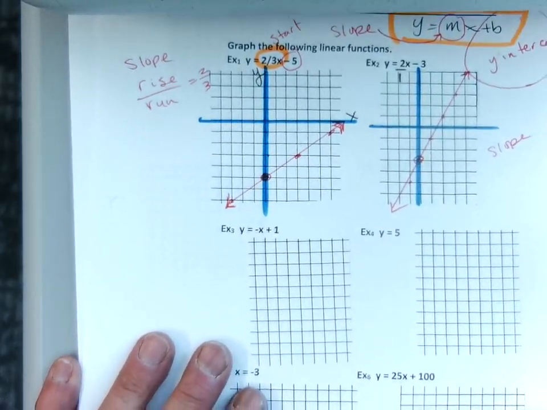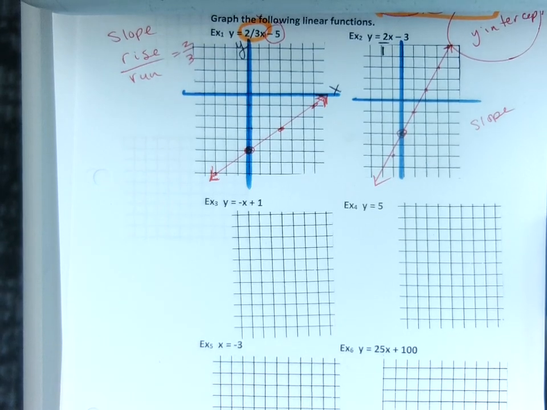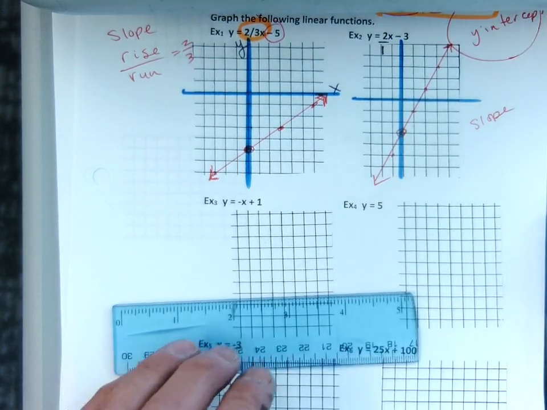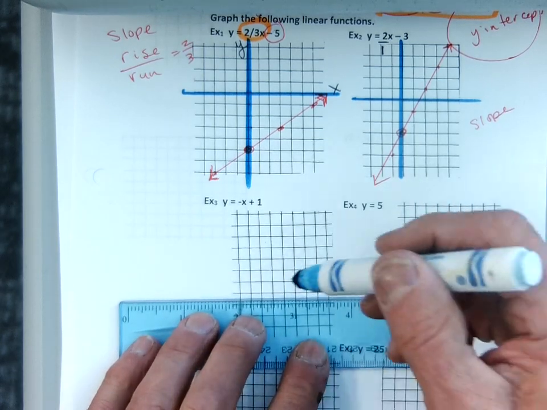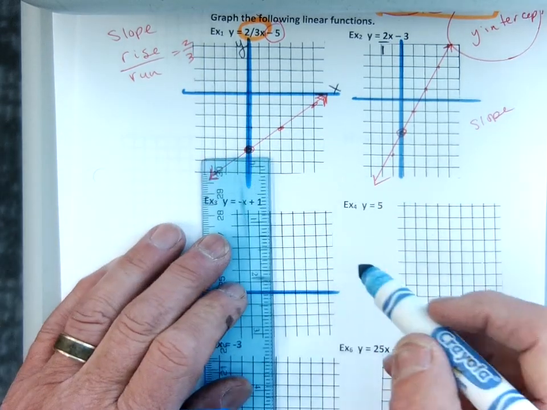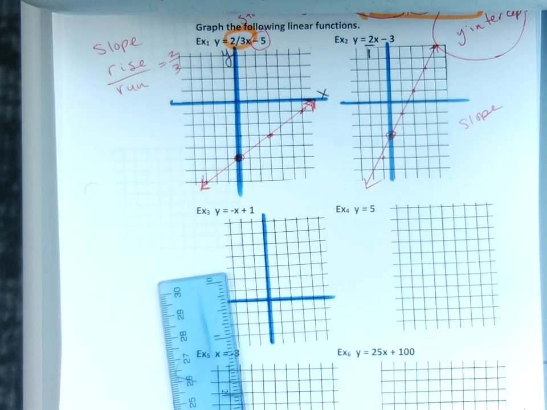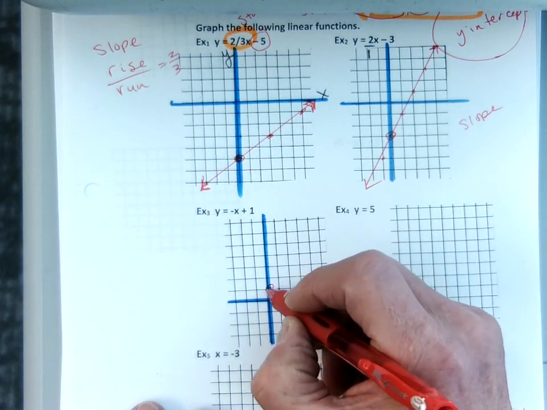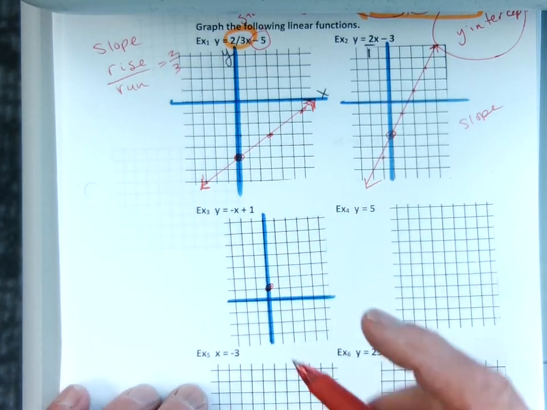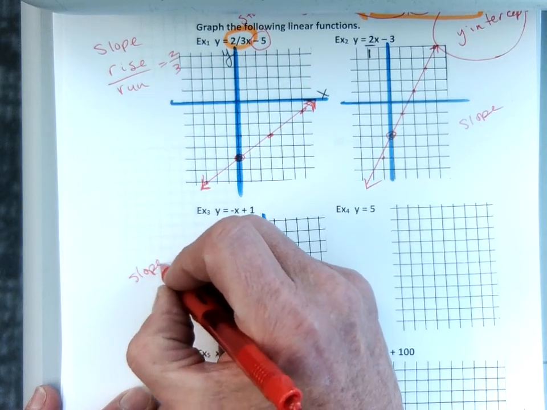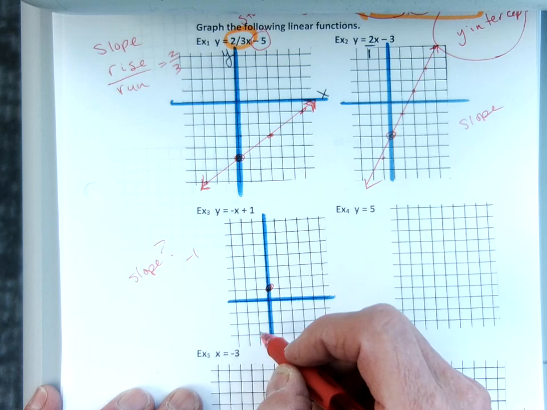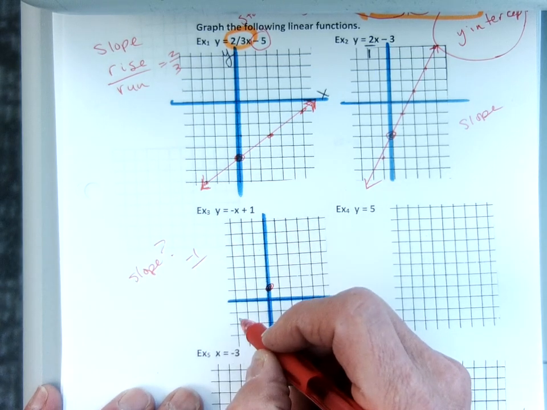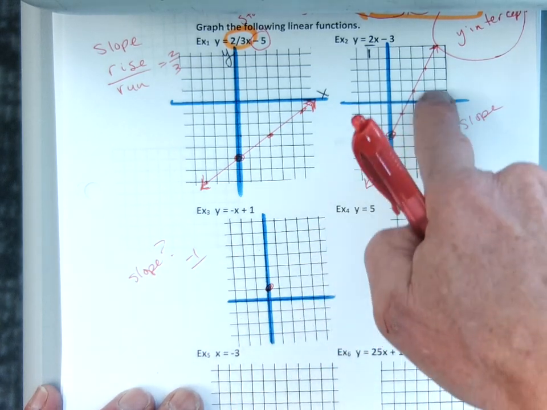Okay, number 3. Where are we going to start? Okay, so I'm going to put my x-axis, my y-axis down. Start at +1 on the y-axis. Good. Now what's my slope? -1 over 1, just like up here, over 1.